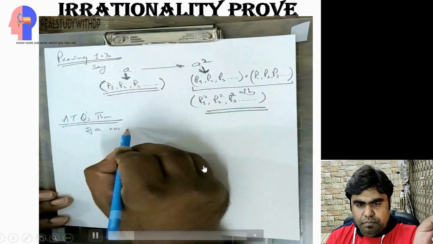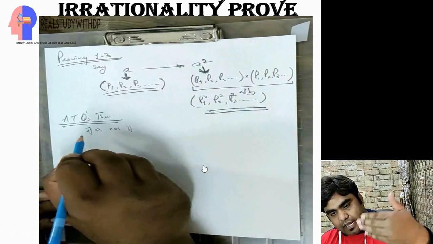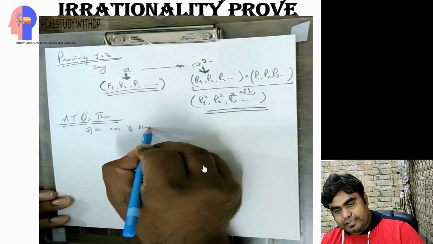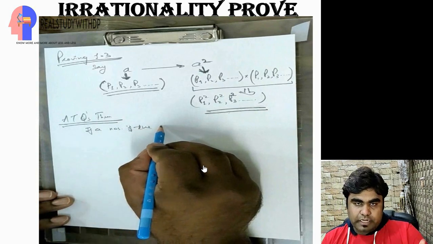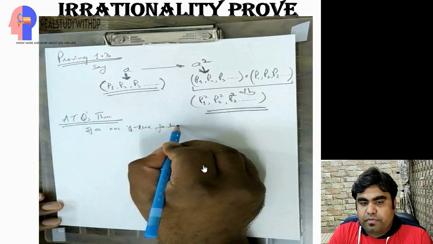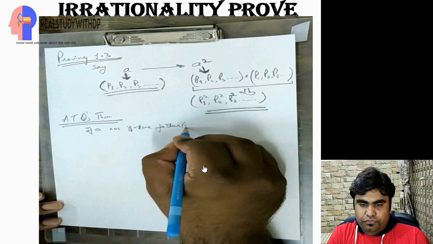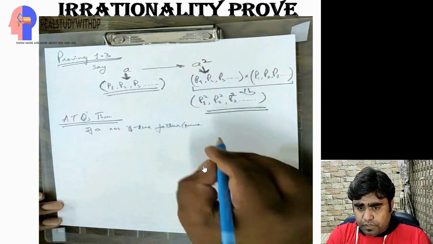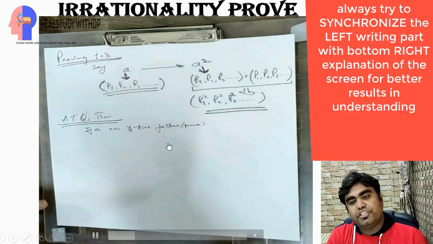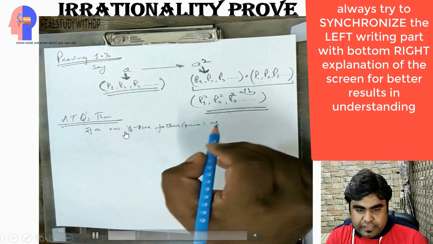So I have taken a number and its square, and in the next step I have taken a's prime factorization, say p1, p2, p3, and similarly the square of the number's prime factorization will be the same. So I can write it like this also.